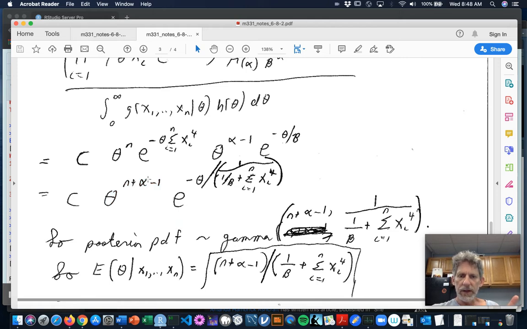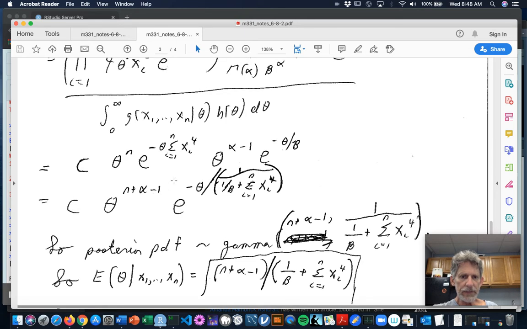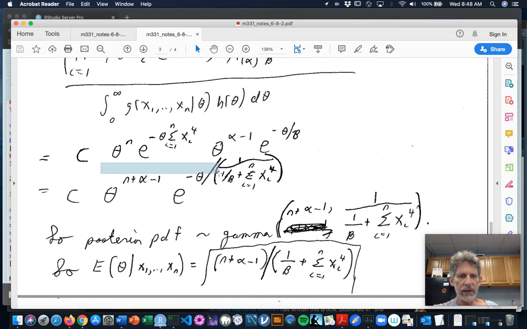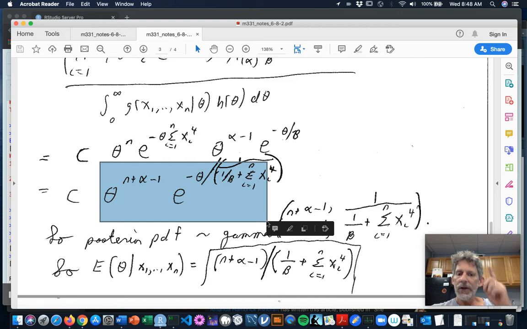There's a couple of exponents with base e, and I put them together with the property of exponentials. And so I would have an e to the minus theta times this plus 1 over b, and I'm going to write that as 1 over its reciprocal because I want to be looking at the form for a gamma.